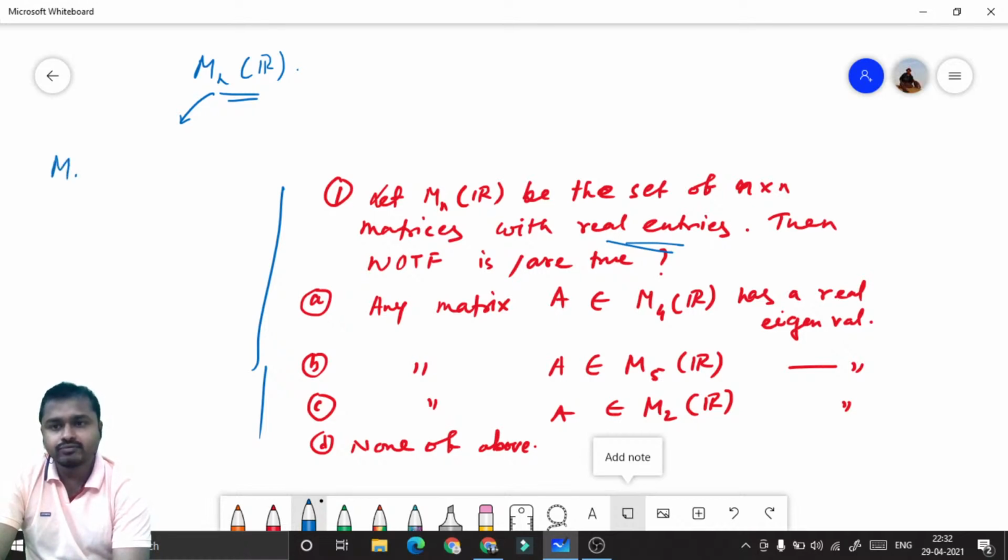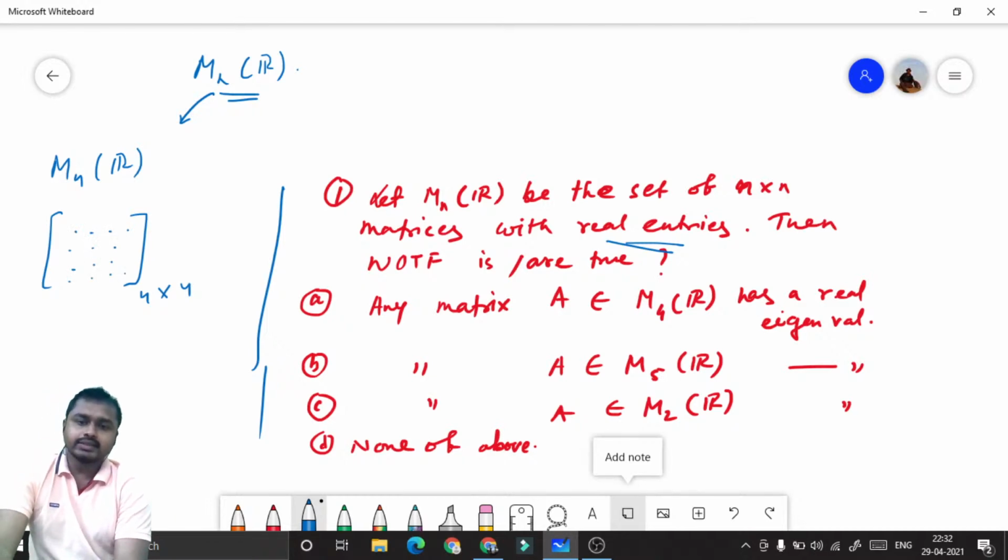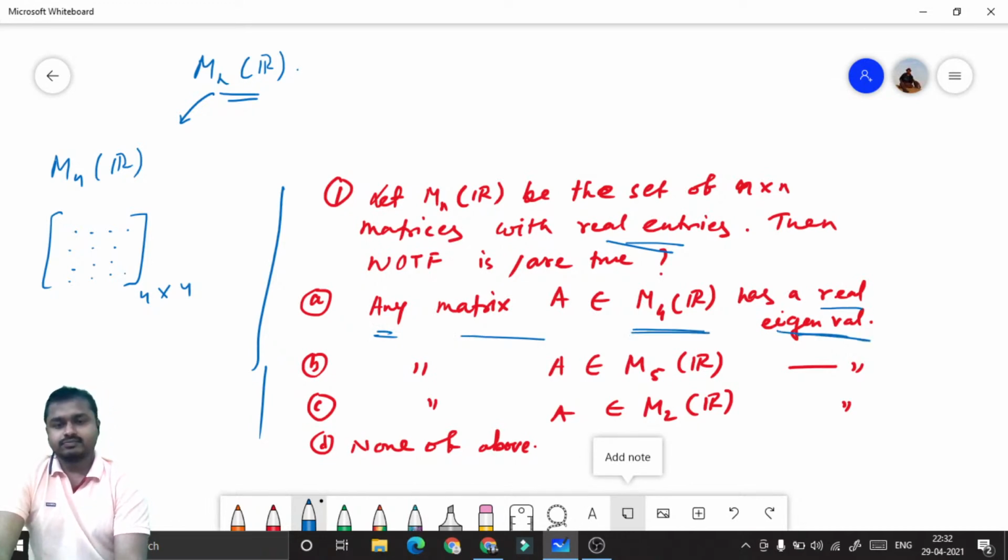If you consider M4(R), you will have 4 cross 4 matrices having real entries. All the entries are from the real numbers. Okay, and they are saying any matrix A from M4(R) has a real eigenvalue.